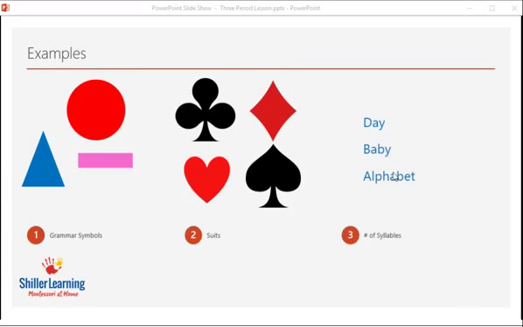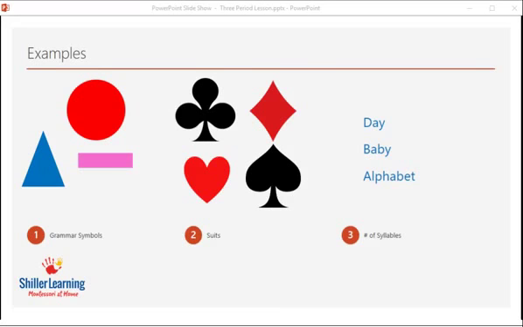And in language arts, we talk a lot about syllables. So here we have 3 words. The first, day, has 1 syllable. The second, baby, has 2 syllables. And the third word, alphabet, has 3 syllables. So we could say this is a syllable, day. This is 2 syllables, baby. Say with me, baby.